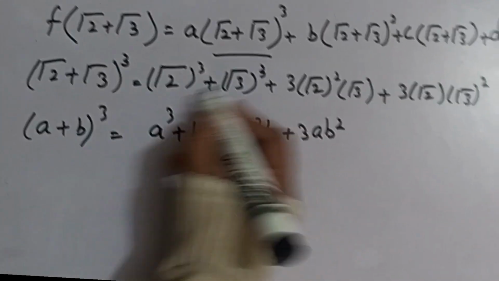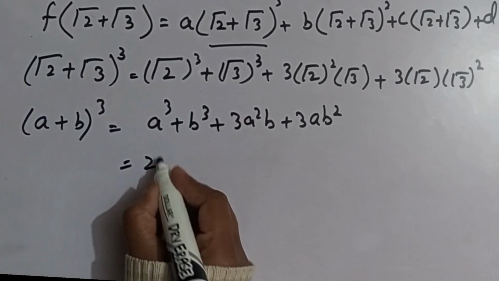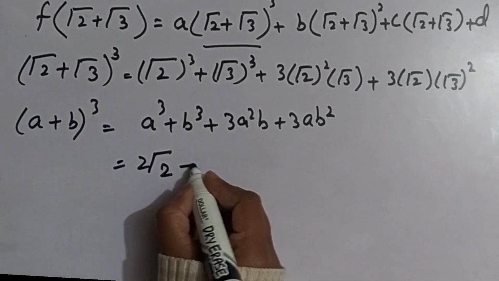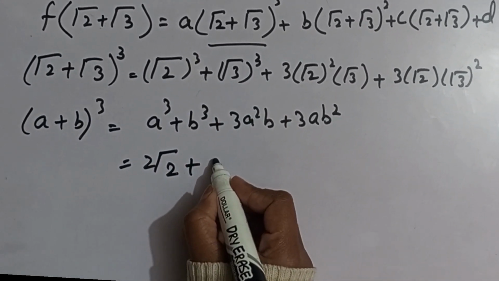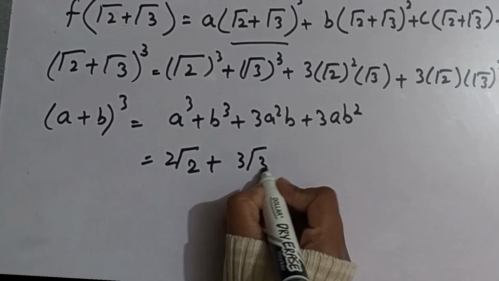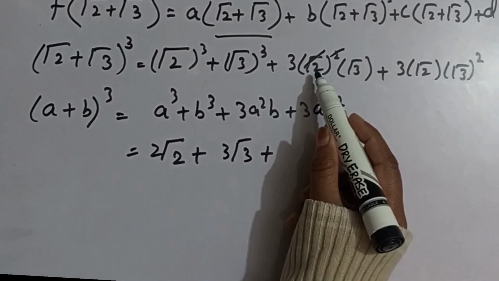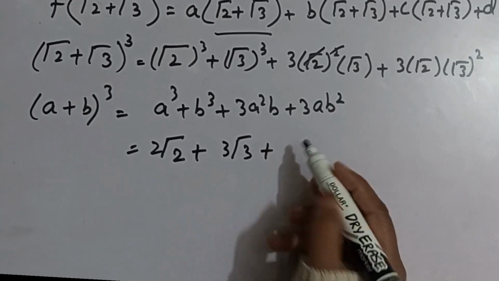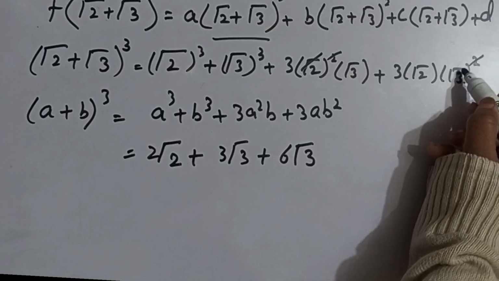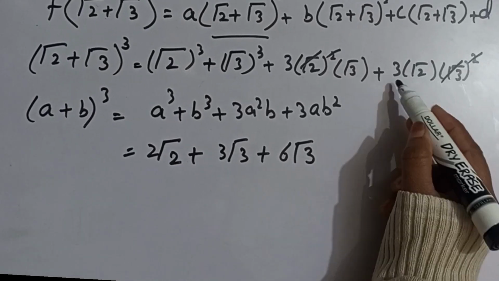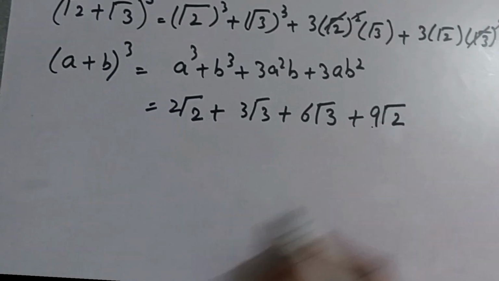Now we simplify this. Square root 2 whole cube is equal to 2 times square root 2. Square root 3 cube is equal to 3 times square root 3. This square and square root cancel, so we just get 2; multiply this 2 by 3, we get 6, so we have 6 times square root 3. The square and square root cancel, so we get 3; multiply by 3, which is equal to 9 times square root 2.